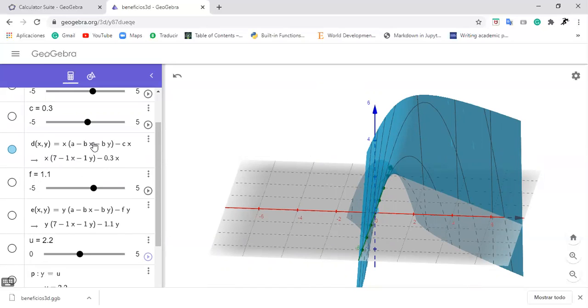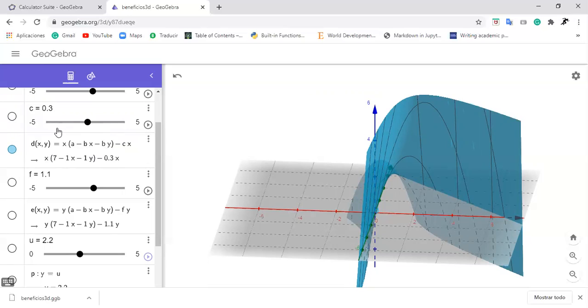In order to calculate total income, remember you have to multiply price times quantity, and price is given by this function. Why? Because in this model, the price is just a linear combination of the two quantities produced by both firms, and is given by the demand equation. So this is the equation for price, and this is the term for quantity.